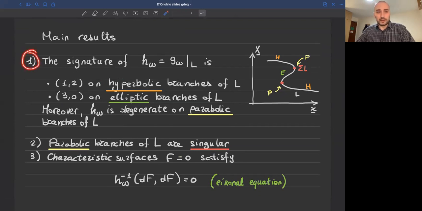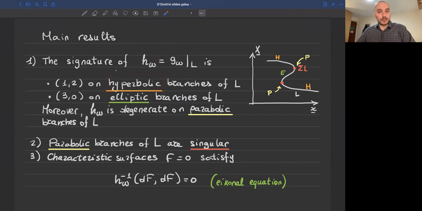Well, first of all, we're going to consider the pullback metric on solutions. The signature of this object is related in a very specific way to the symbol type of the Monge-Ampère equation.